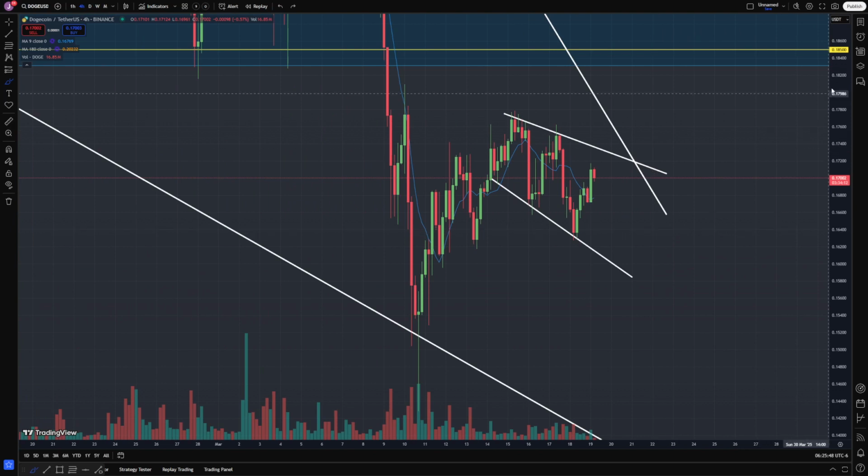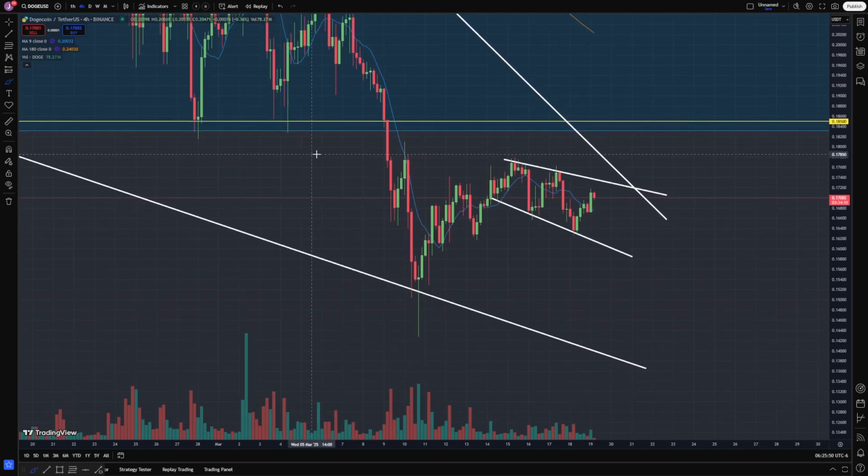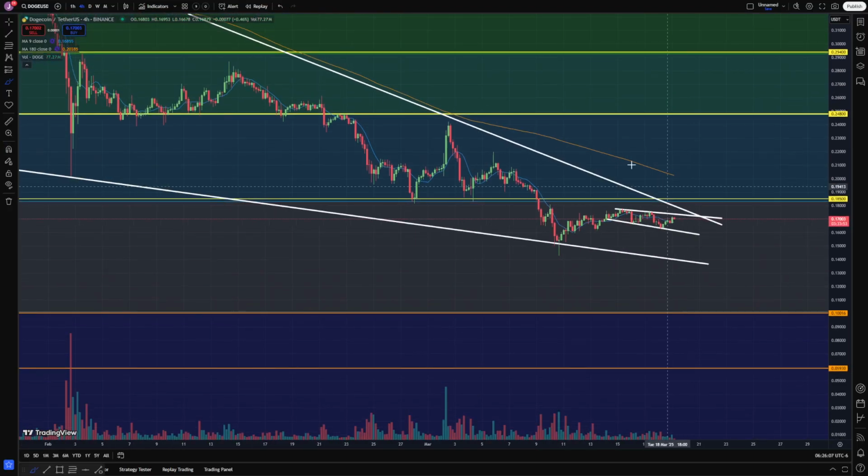So basically we're waiting for stuff to happen. We're either waiting for it to break to the downside, breaking the support, and then moving down to these targets, or we are waiting for it to break to the upside and then break this resistance as well. But like I said, even if we break that resistance, we might be going sideways for a little bit.